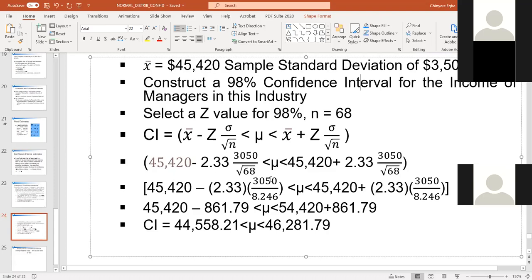If our confidence level is 99%, our z-value will be different. If our confidence level is 95%, our z-value will be different. But if somebody does not provide you all these summary statistics, then we would have to calculate them using raw data. So that is what I'm going to do next.